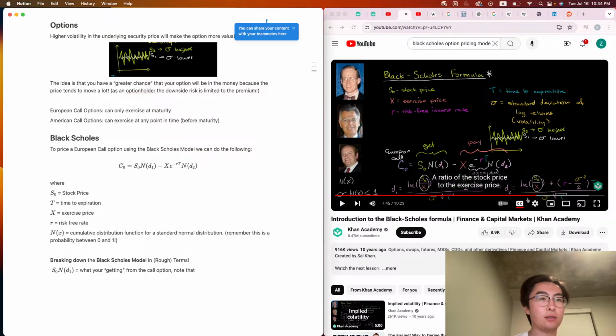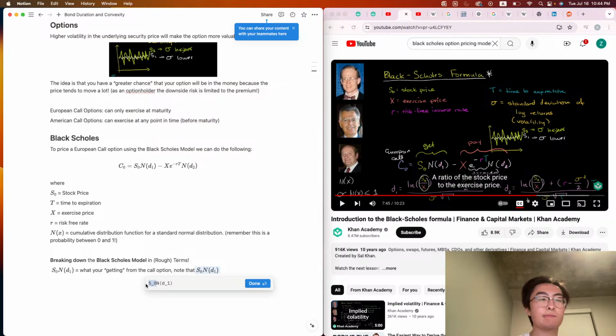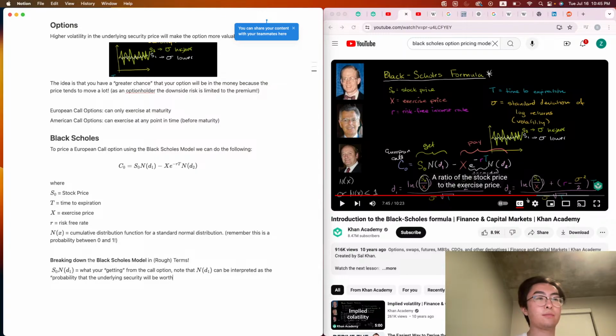Note that this can be interpreted as the probability that the underlying security will be worth something, so it is thought of as a weight.